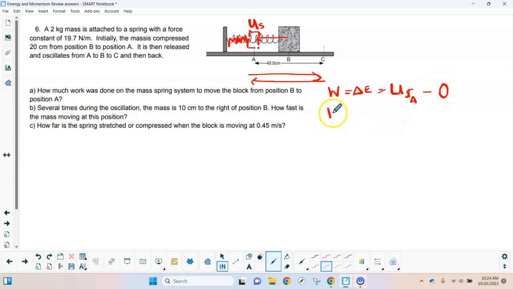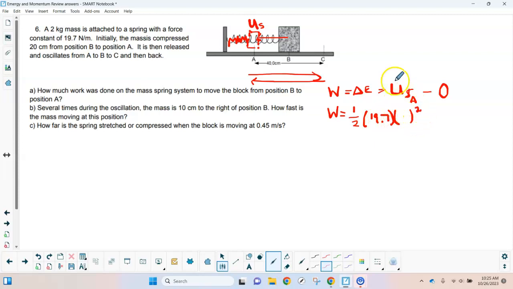So the work that is done on the spring mass system would be the spring potential energy, so that's 1/2 K, which is 19.7. That's the spring constant.